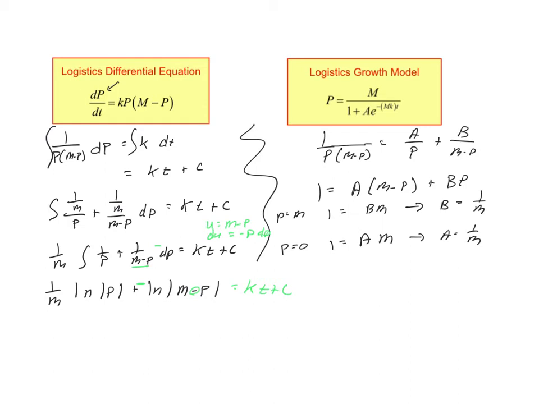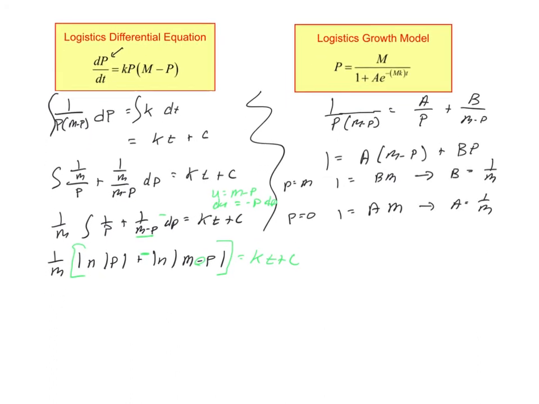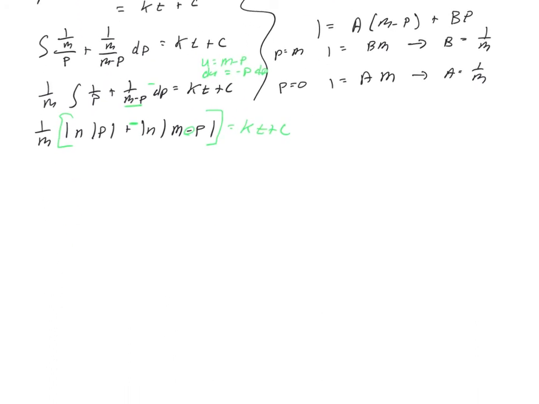All right, and this 1 over M was a constant factor for that whole anti-differentiation. So when we're solving this, don't forget we're trying to get P by itself. Okay, so let's slide up our work so far. Since 1 over M is a constant, I should be able to multiply by M on both sides in order to get rid of that value.